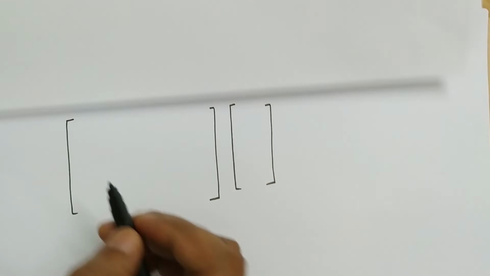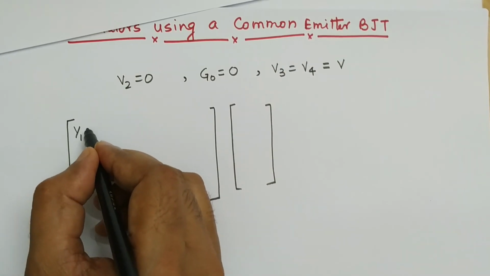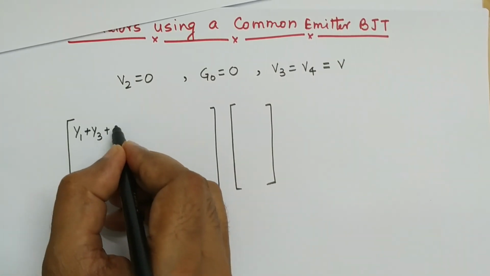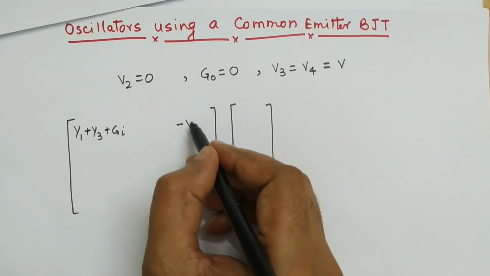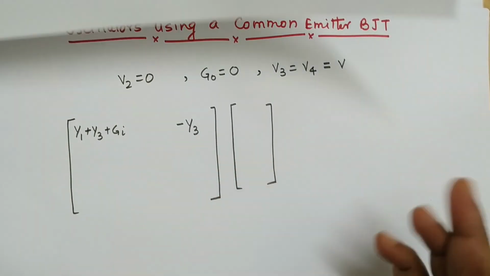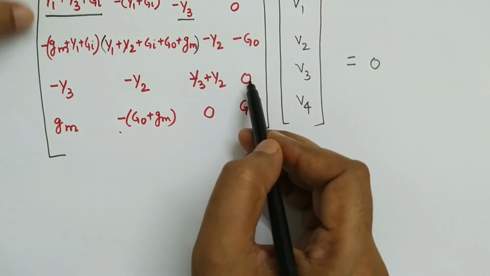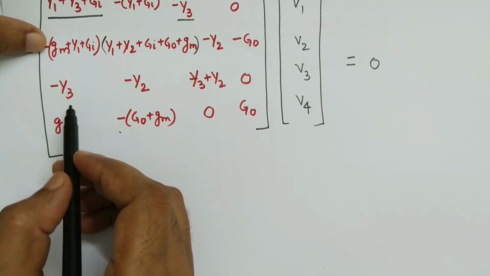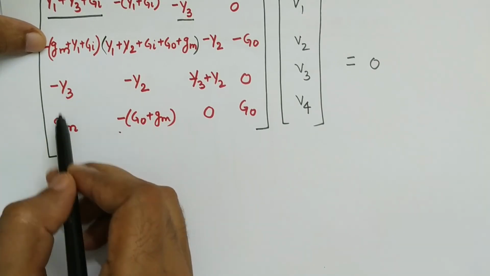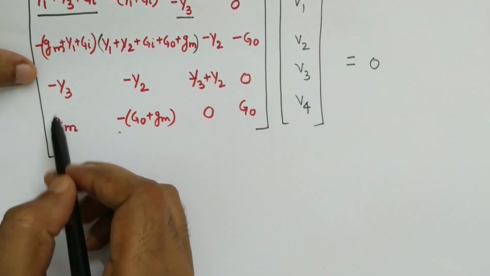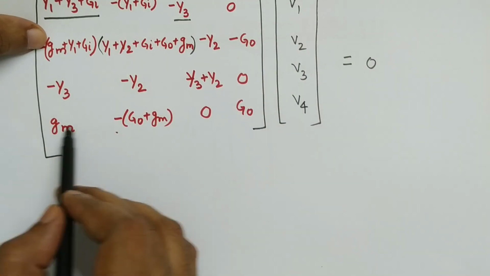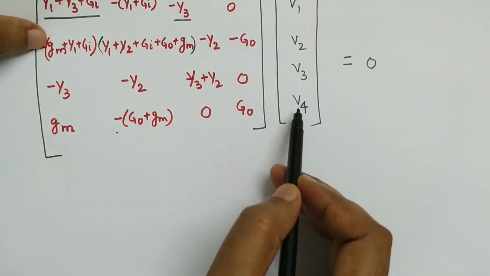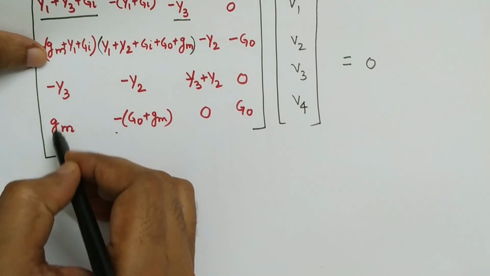So we can write this as Y1 plus Y3 plus Gi, and then minus Y3. In the third row we are going to have a combination of these two for the first term, because the multiplication of this with this term and the multiplication of this with this term is going to be the same. So we can add it together.